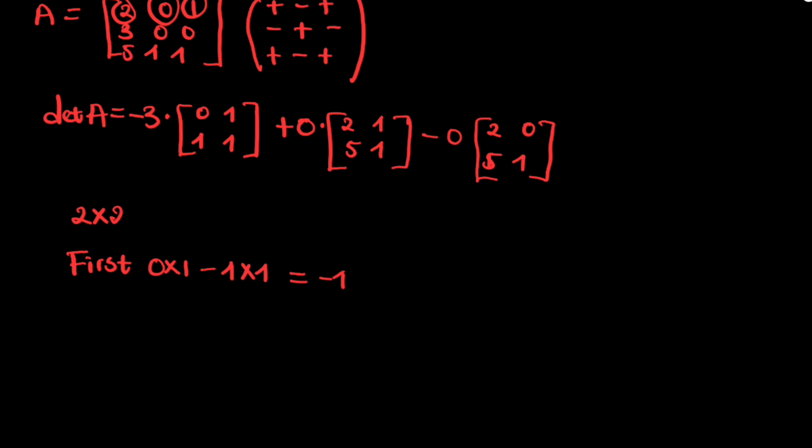If we take the determinant of the second case, it's going to be 2 times 1 minus 5 times 1. It's going to give us a number, but if we multiply it by 0, it's still going to give us 0. Here too, if we take the determinant and multiply by 0, it's still 0. So there's no need stressing.